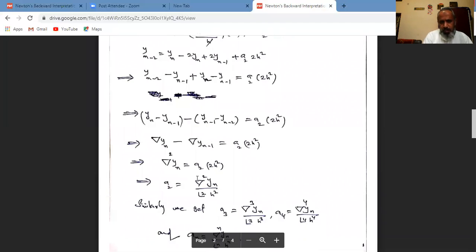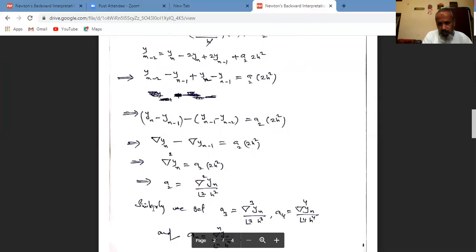So what will be the value of a2? a2 will become nabla square yn by 2h square, and this can be written as factorial 2 into h square. So in y0, we are writing a0 is yn, a1 is nabla yn by h, and what is a2? a2 is nabla square yn by factorial 2 into h square.